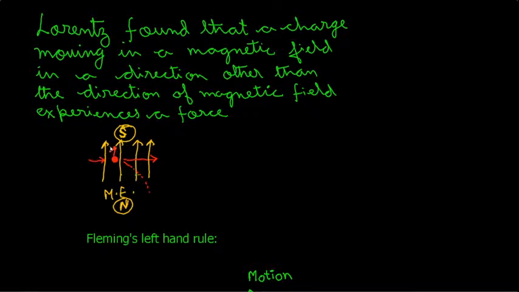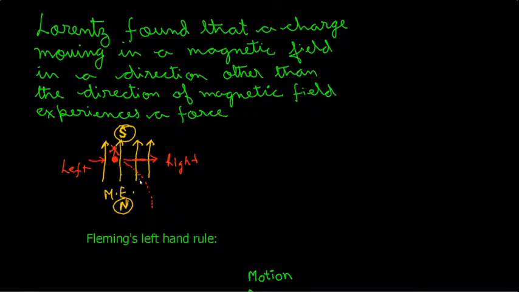But if it moves into any other direction than that direction of magnetic field, like now we make it move perpendicular, we are making it move from the left of the screen to the right of the screen, then he says that this charge experiences a force. You can see that this dotted line shows us its path. Actually it was traveling in that direction shown by the arrow, but because of the magnetic field you can see that it has come out of the page.